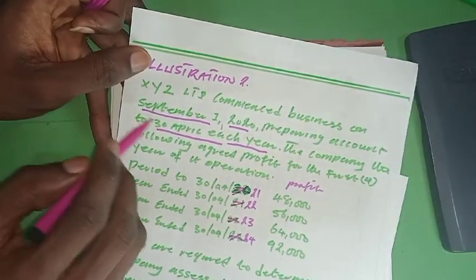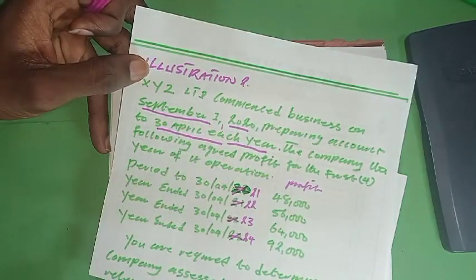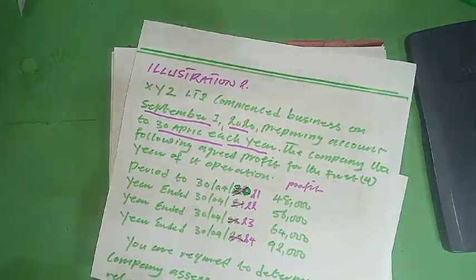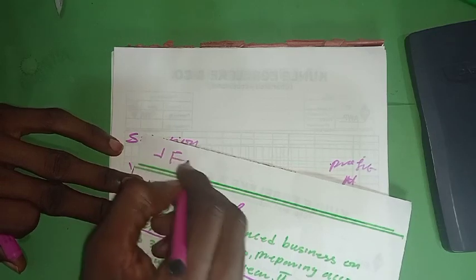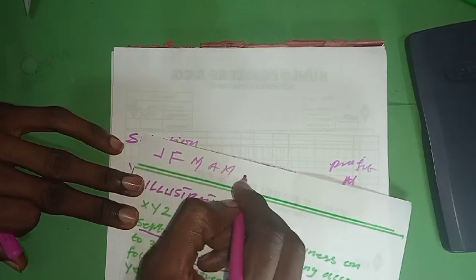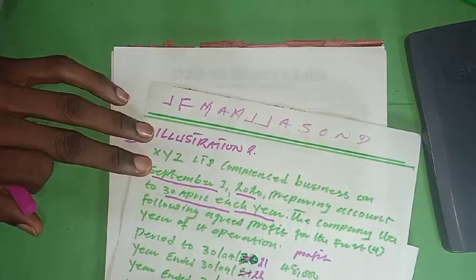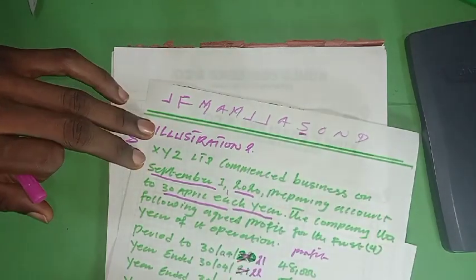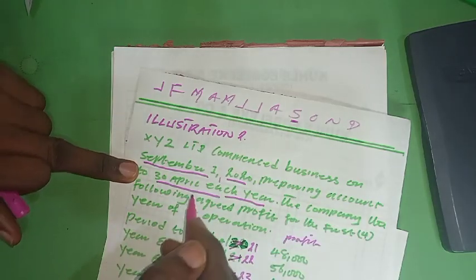Now, the question says XYZ commenced business on September 1st, 2020, preparing account to 30th April each year. Now, listen to this. It started in September. January, February, March, April, May, June, July, August, September, October, November, December. Preparing account to 30th April.